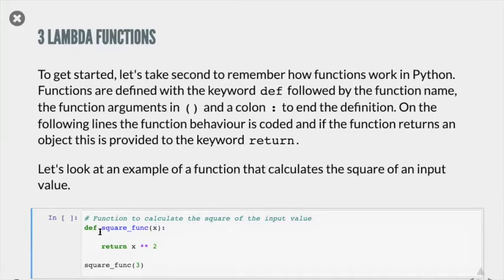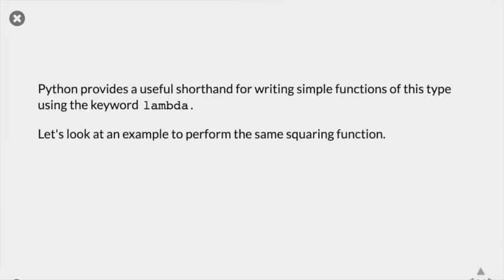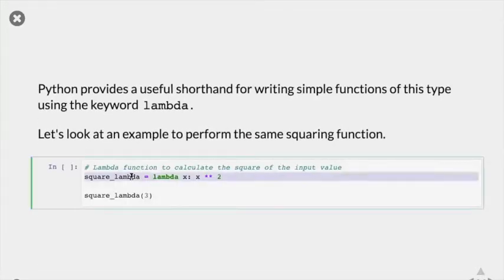We're going to define a function that squares an input value. It takes an argument and returns the square of that argument. Of course, if we stick in 3, we should get 9, and we do. The lambda version of the same thing looks like this.